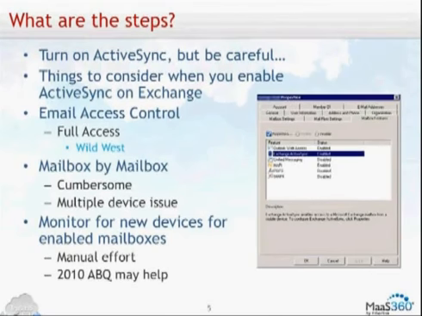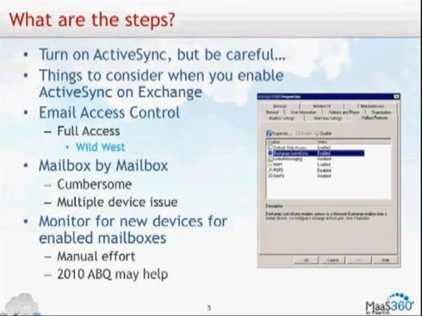As I mentioned, ActiveSync access is on by default for Exchange 2007. And this is the easiest approach and will make you very popular with your users, but you won't really have any control over who's connecting or being able to stop them from connecting without looking through your Exchange environment with PowerShell scripts. So you may want to think a little bit more about that area before enabling it for 2007.